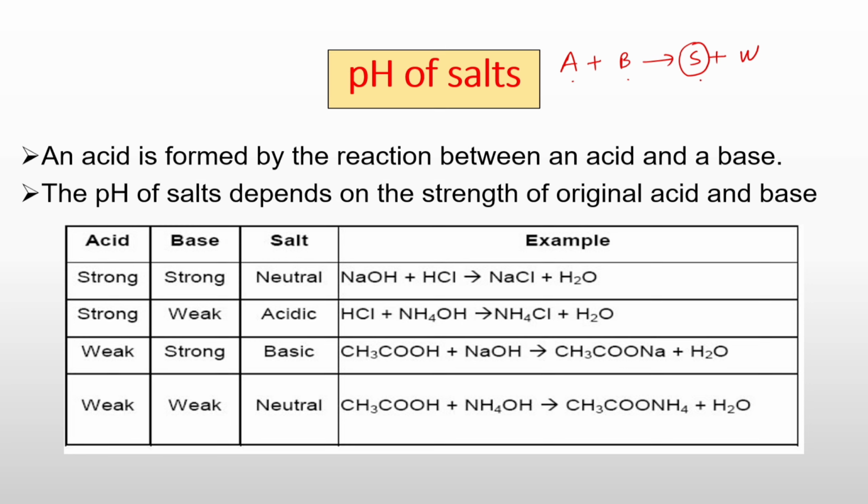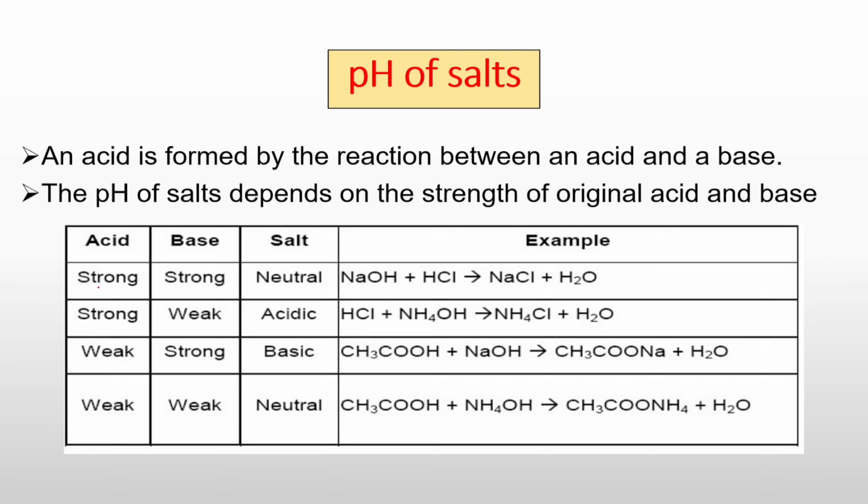When acid and base react, they give salt. Whichever component is strong, suppose the acid is strong, the nature of the salt would be acidic. If the base is strong, the nature of the salt would be basic. If both of them are the same strength, it will be neutral. So this table is very important. Look at this one.